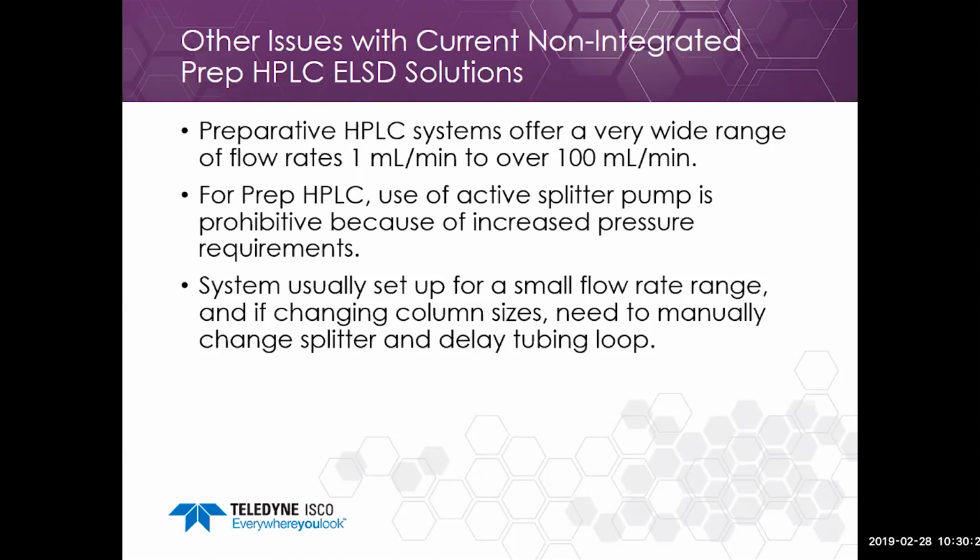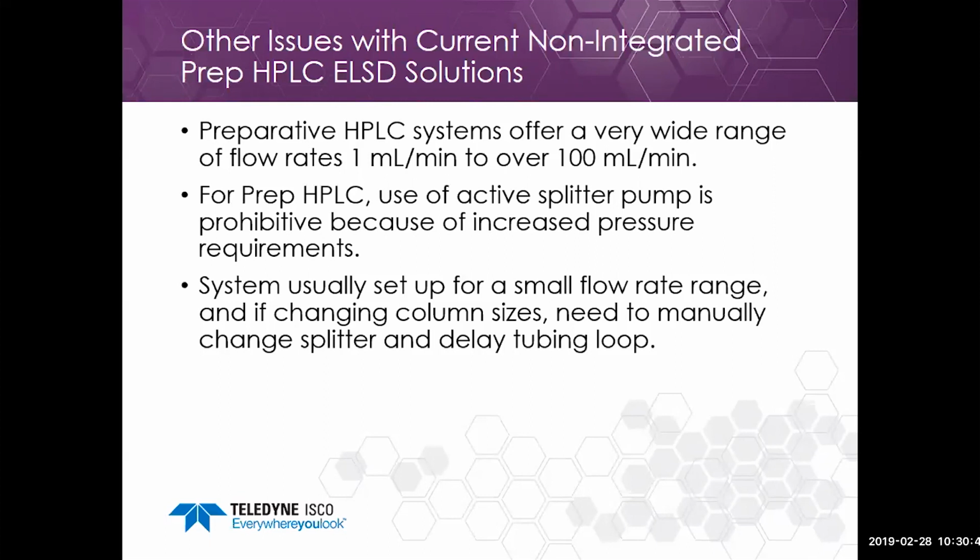But for your 4.6 and 10 millimeter columns, you would need a different setup to maximize the peak overlap for those low flow rates around 1 or 2 mL a minute or 5 mL a minute.